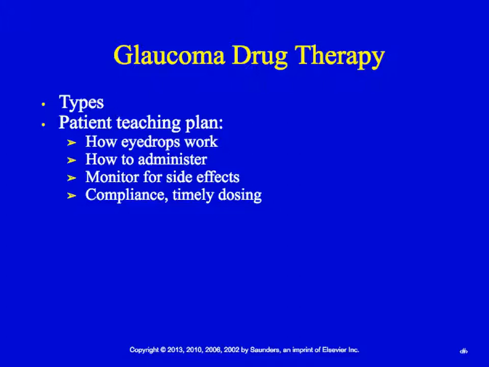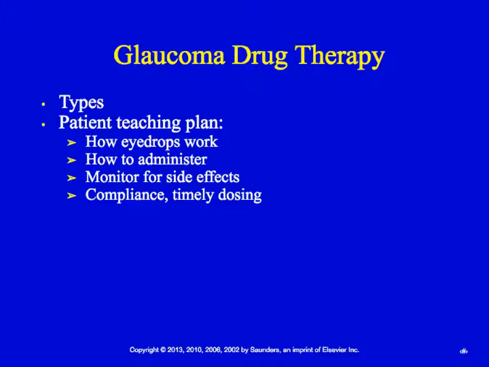A couple other big things to note about patients with glaucoma and eye drops is a lot of times they'll give them more than one of these eye drops to use, sort of like the blood pressure medicine, how they're on more than one. We're trying to hit them in a couple different areas to decrease that pressure.